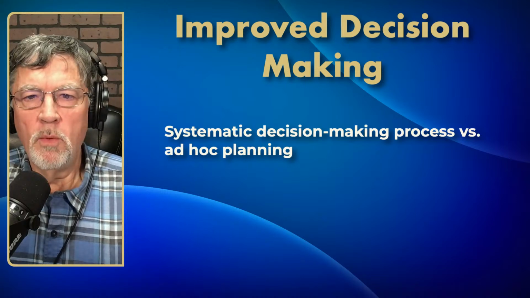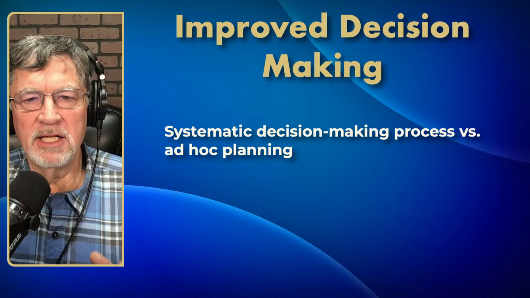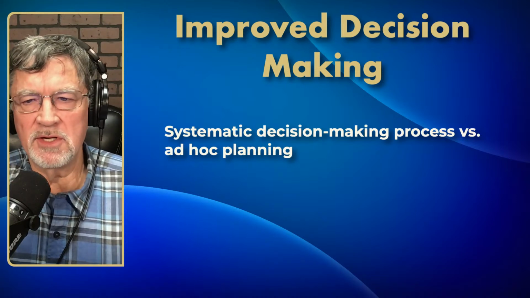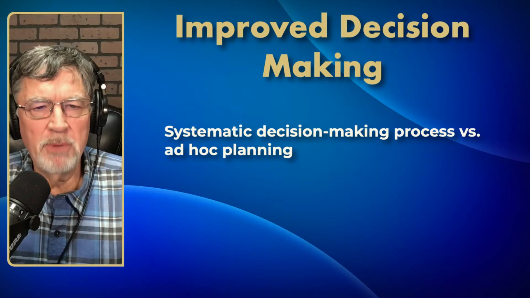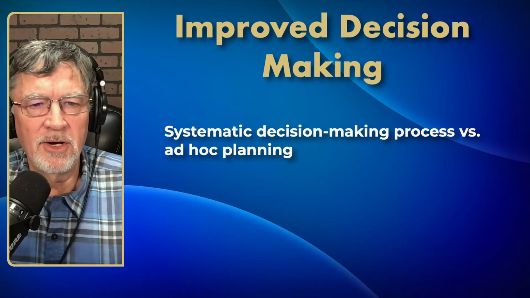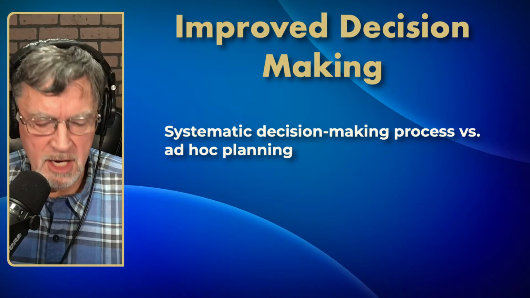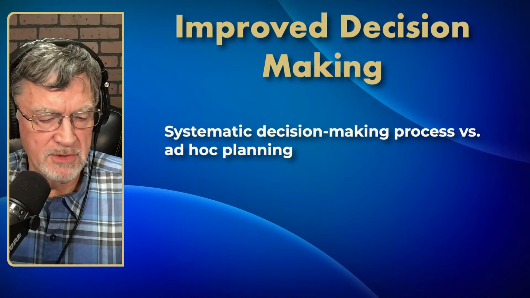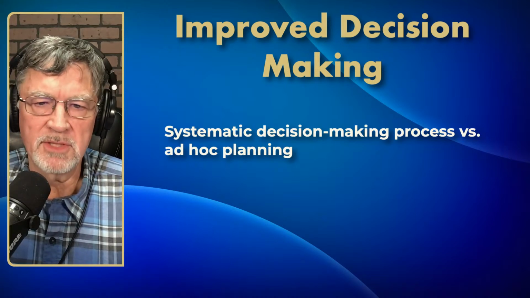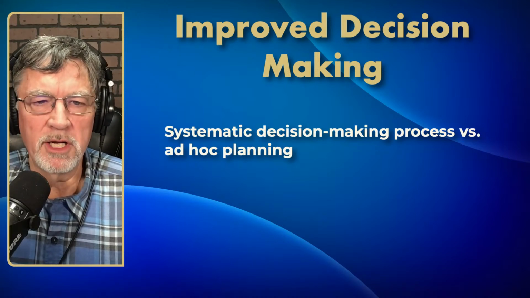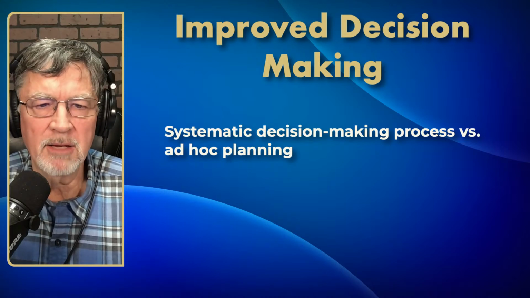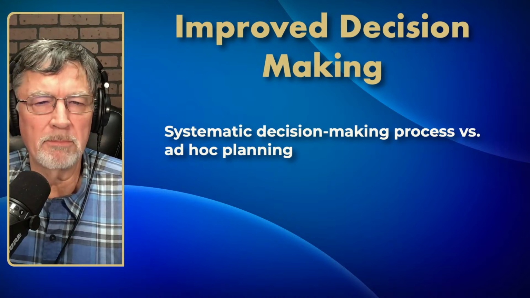What an asset management plan gives us is a systematic decision making process as opposed to that off the cuff, ad hoc planning process. That's really to be avoided because we tend to make poor decisions with ad hoc planning.